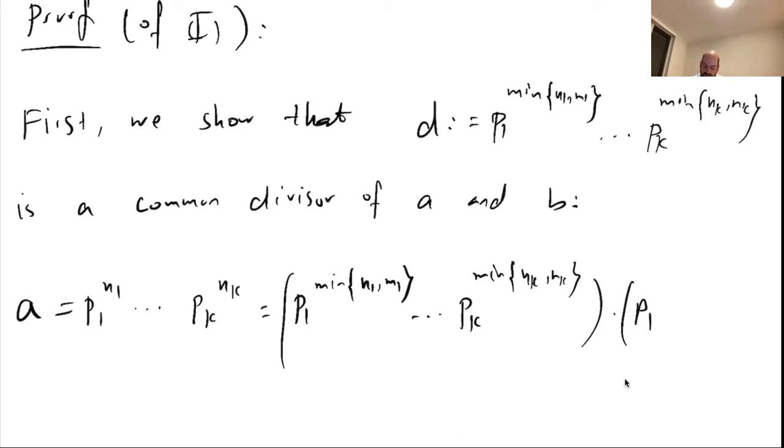I have to multiply with P1 to power N1 minus minimum of N1 and M1, all the way to Pk to power Nk minus minimum of Nk and Mk. P1 to power minimum of N1 and M1 times P1 to power N1 minus minimum of N1 and M1 would give me P1 to power N1. Similarly, all the way to Pk to power Nk.